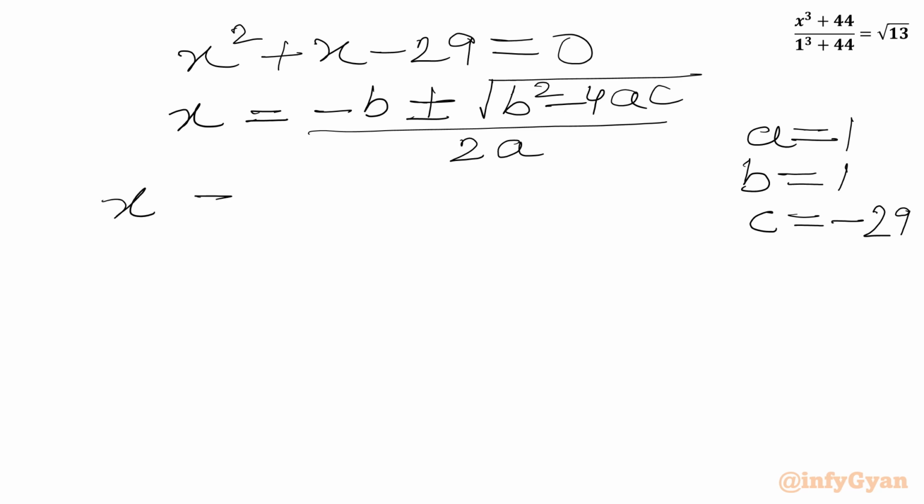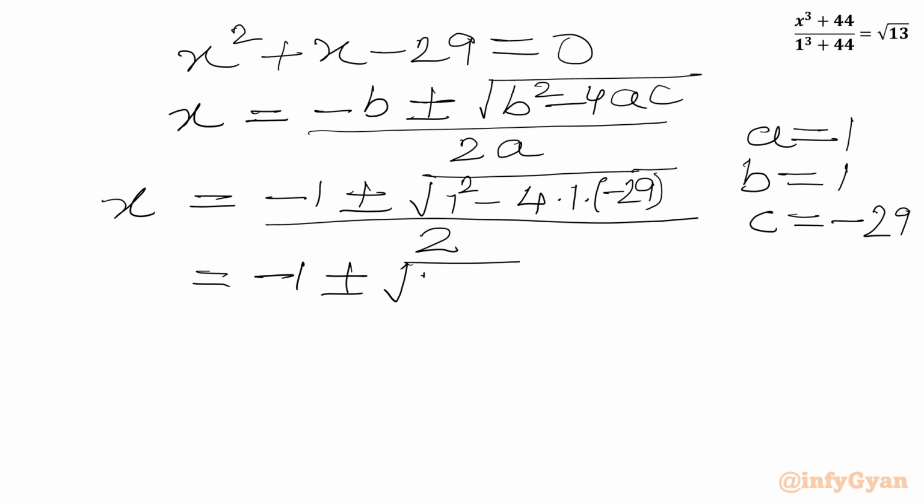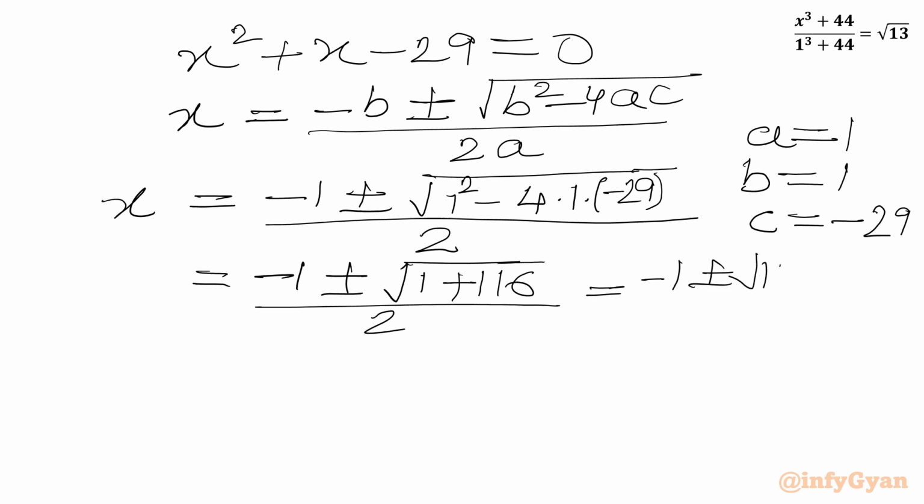Let's apply the values: x = (−1 ± √(1² − 4·1·(−29)))/(2·1). Now −1 ± √(1 + 116) over 2 will give us (−1 ± √117)/2.